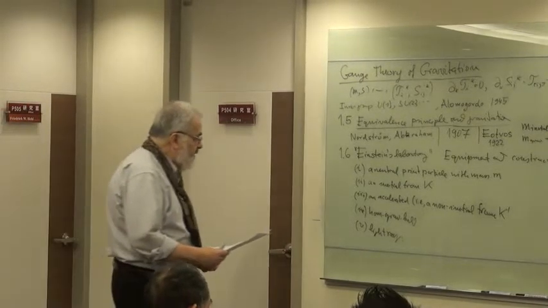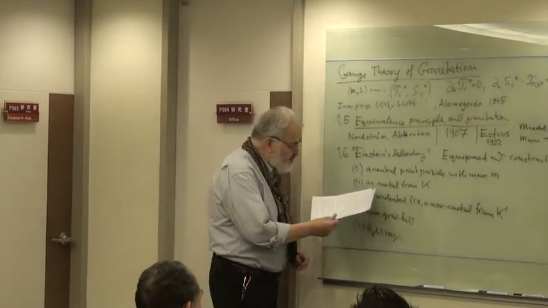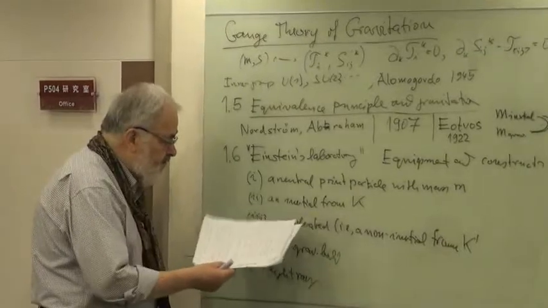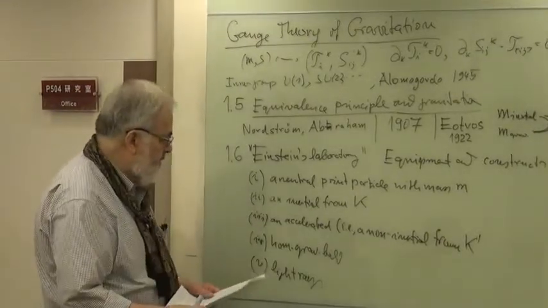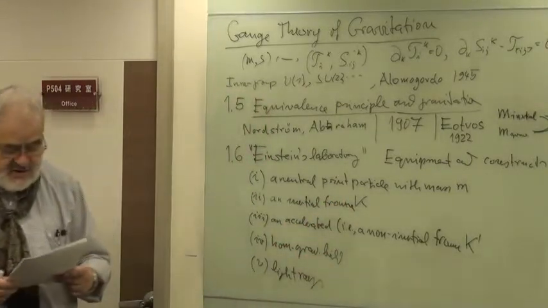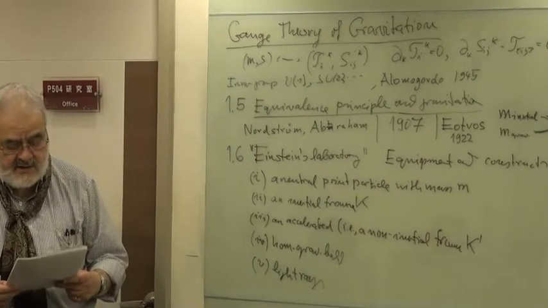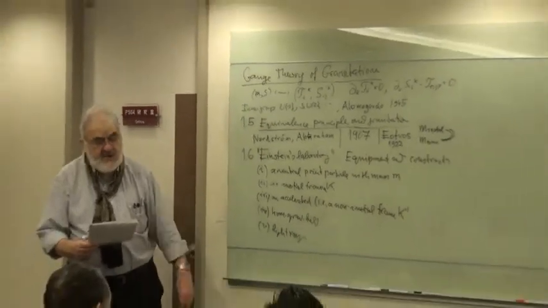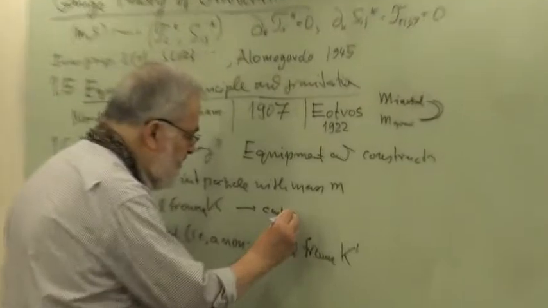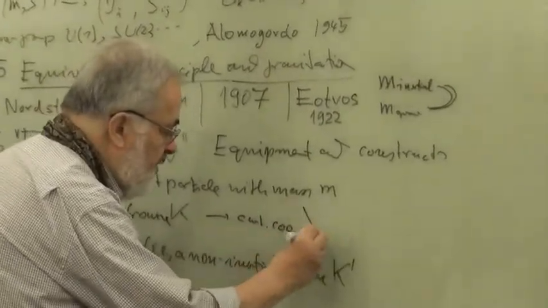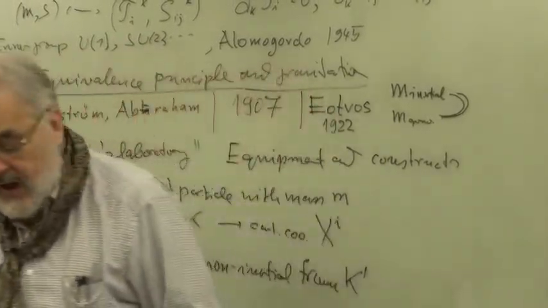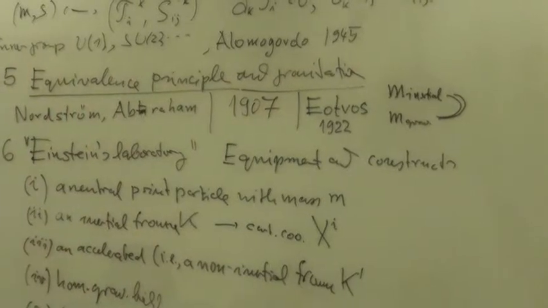Well, and number 2 is also a difference which comes into gauge theories. For Einstein, an inertial frame K is just a system of coordinates, in his case a system of Cartesian coordinates, which in his original work he wrote with a capital Xi. So for Einstein, a reference frame is a coordinate system.